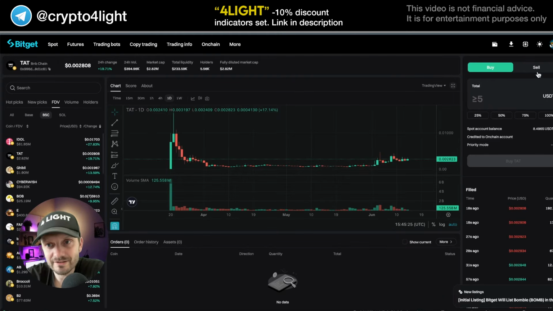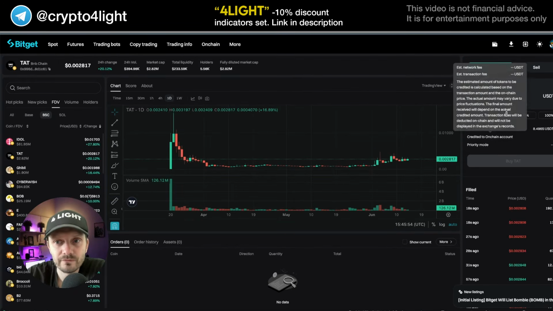On the right side, you don't need to charge this account, because on-chain Bitget will use your balance on the spot, your USDT on the spot, which you hold. So also be careful, and maybe convert some USDT into USDC to not spend too big an amount of USDT by mistake.